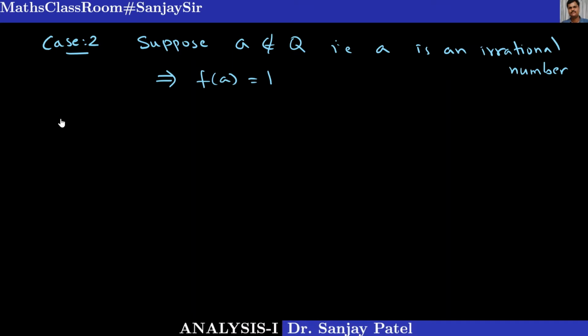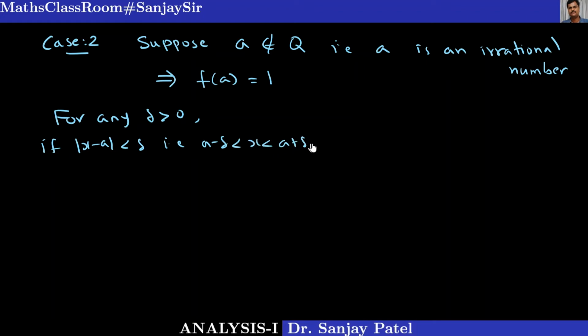Now here also I want to show that the limit at the point a does not exist. So whatever delta I choose, for any delta greater than 0, if |x minus a| less than delta, that is, a minus delta less than x less than a plus delta is given, then if we consider f(x) minus f(a), this difference, since a is an irrational number, f(a) is 1.